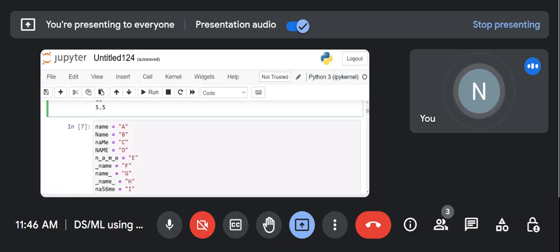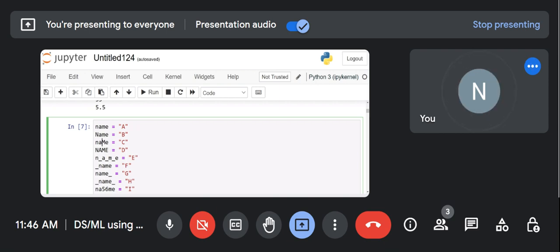Now the next case, how to declare a variable in Python. What is the correct way to declare a variable in Python? See, if I write like this, name equal to a string in quotes, okay, this is the correct way. If I use an uppercase first character, capital N, then also it is a correct way.